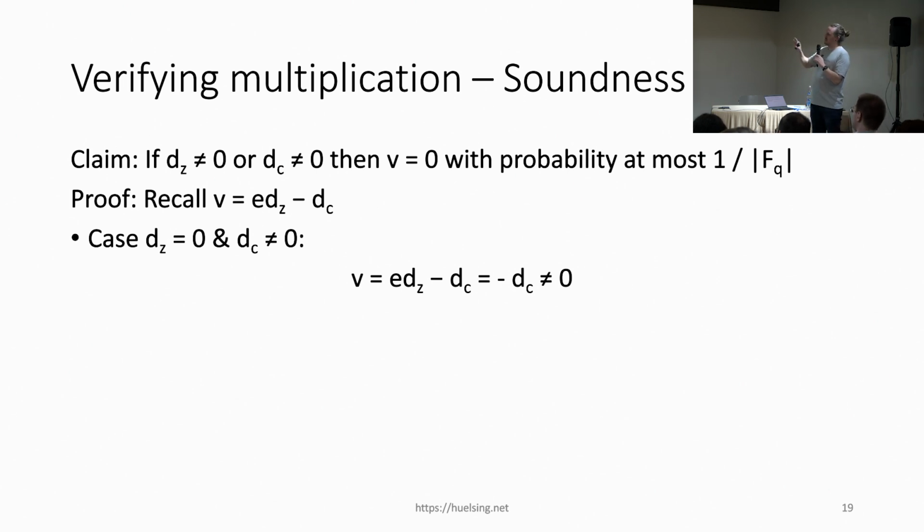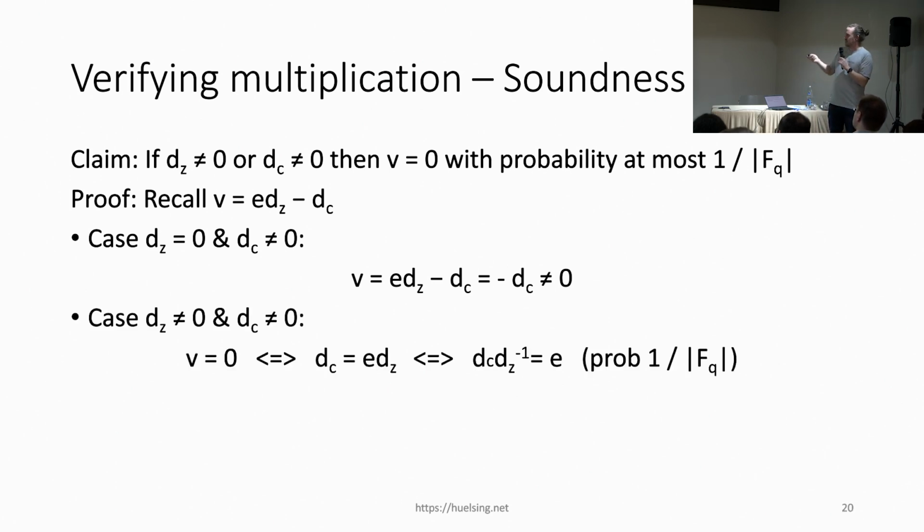And the proof is pretty straightforward. If the c value is not a multiplication triple, then this thing becomes 0, so we will be exactly minus the difference, which is non-zero by assumption.